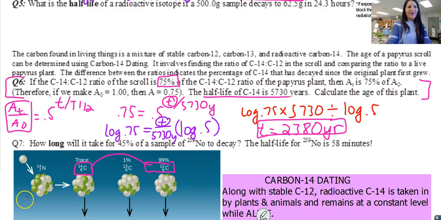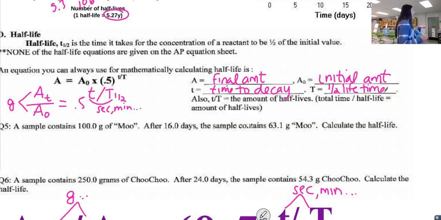Okay. Come back to Q5. Q5 says a sample contains 100 grams of some substance, and after 16 days, it contains 63.1. I always like to check to make sure: my initial has to be bigger than my final.